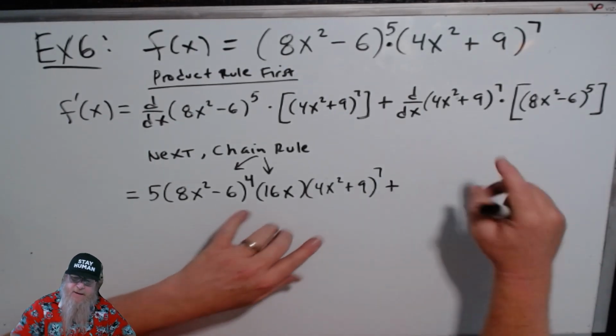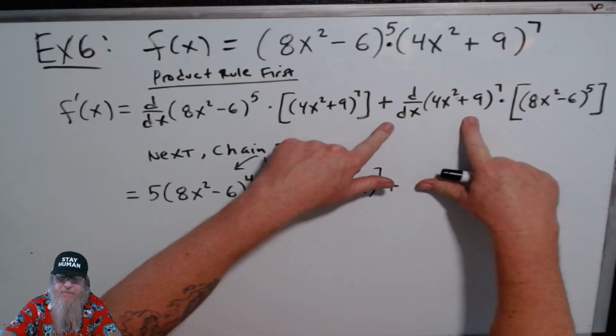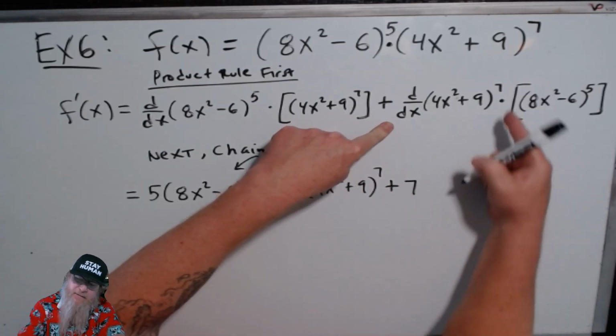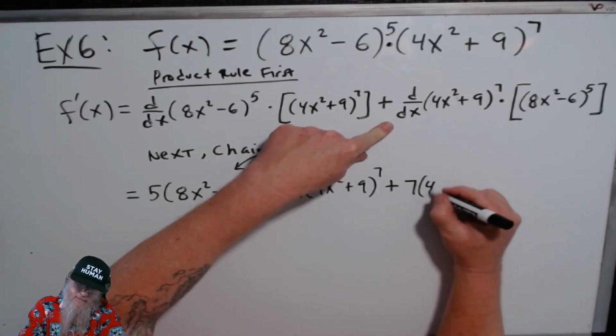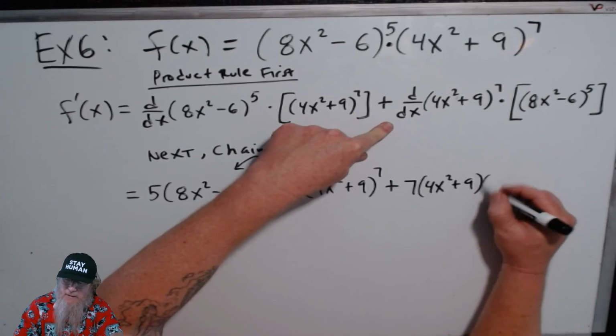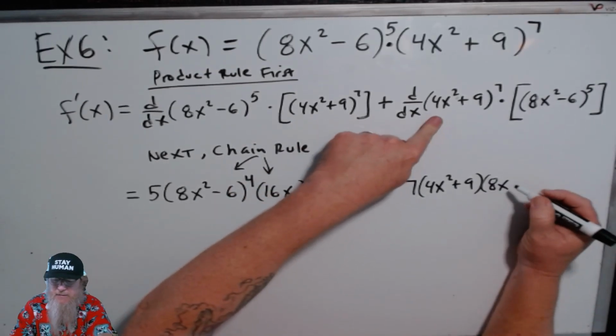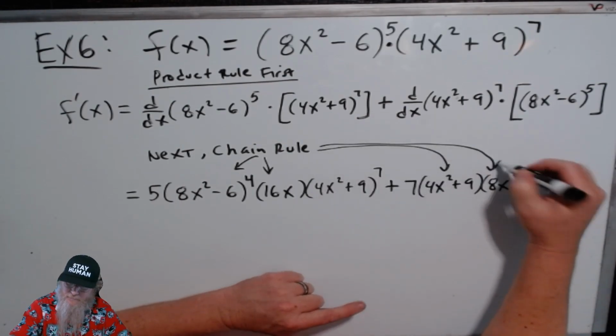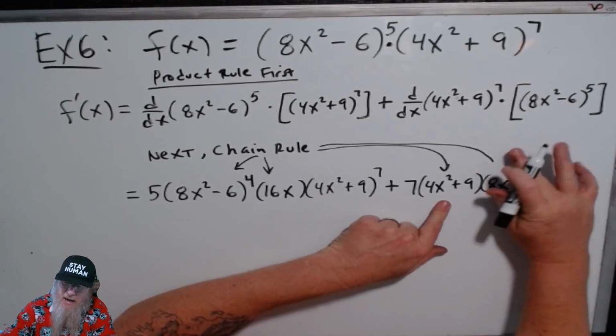All right, and then now the derivative of the second function. 7, 4x squared plus 9, 8x. Yeah, chain rule again. Oh, and I almost forgot.